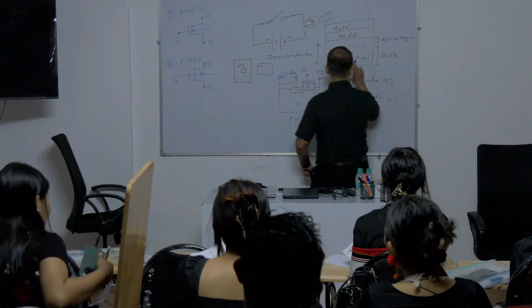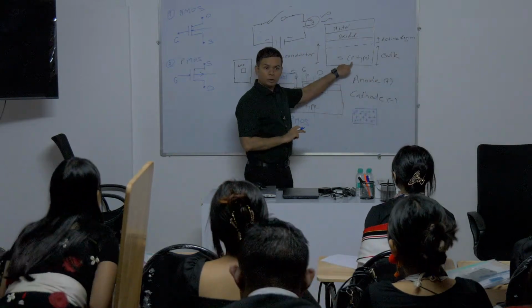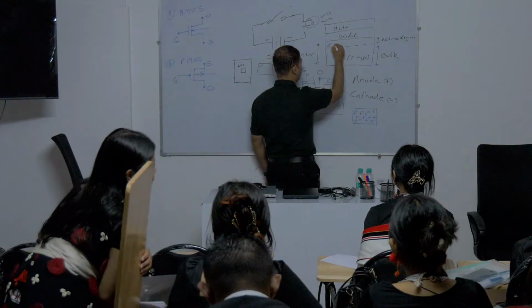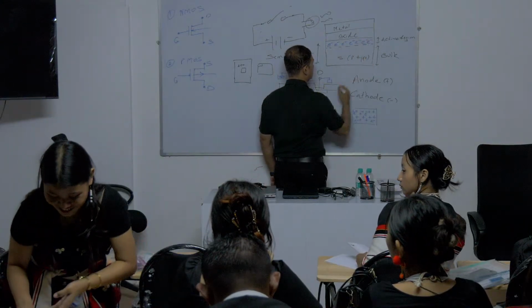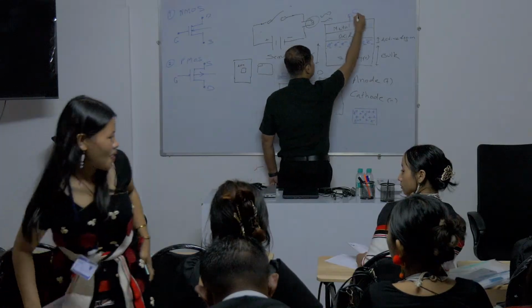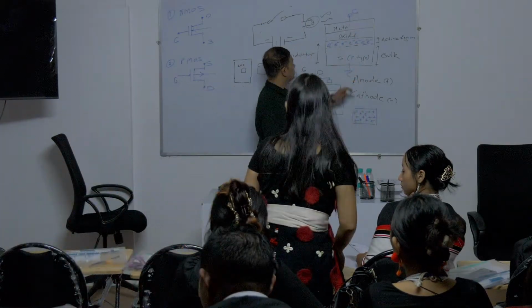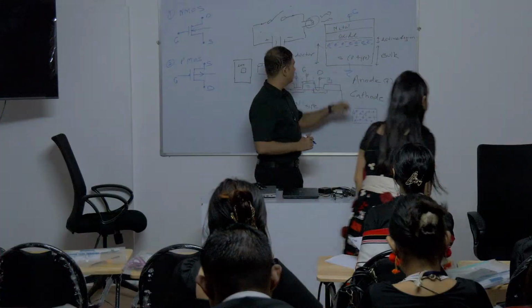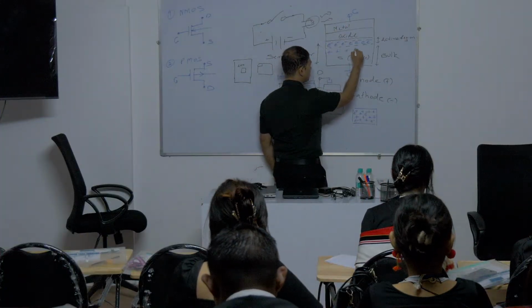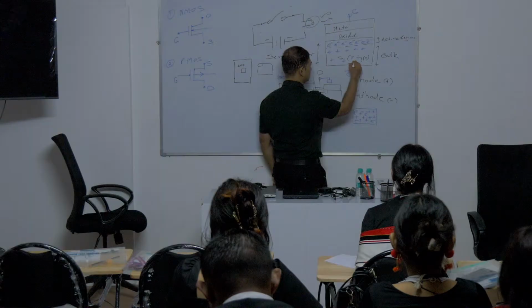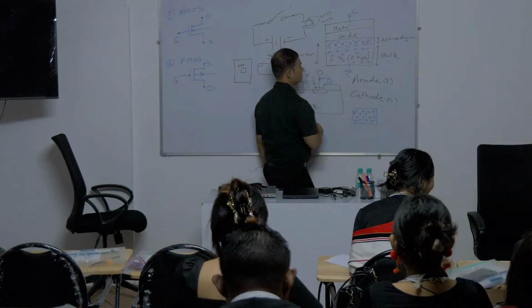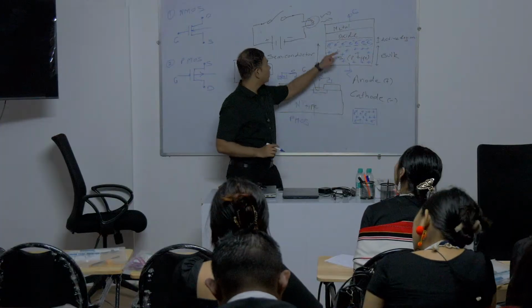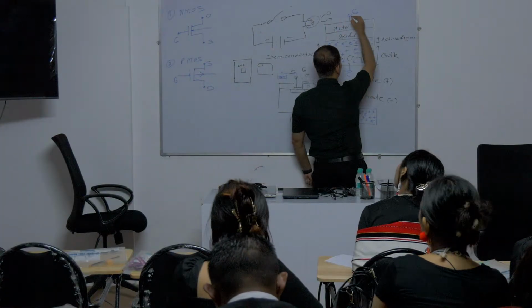So for NMOS, this is a P-type substrate. Understood? If I want electrons to be over here, I will apply a gate voltage. So what I did, I applied a positive gate voltage.